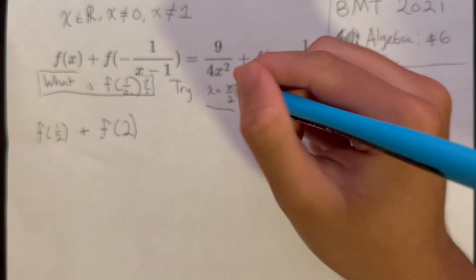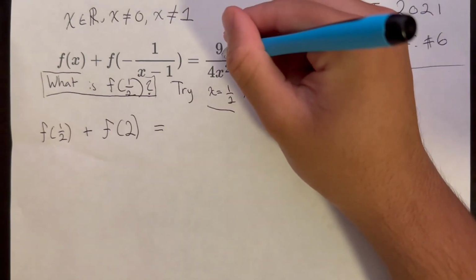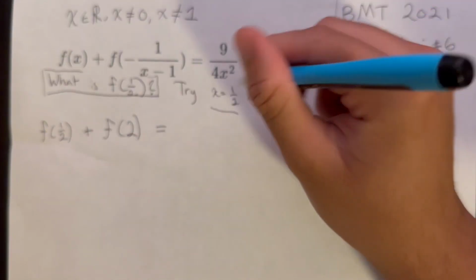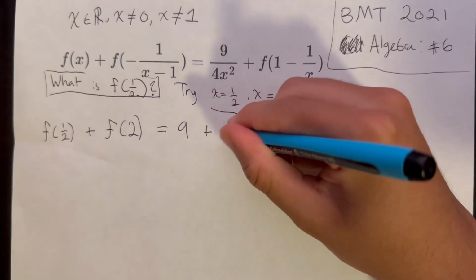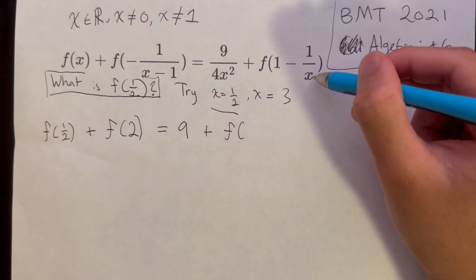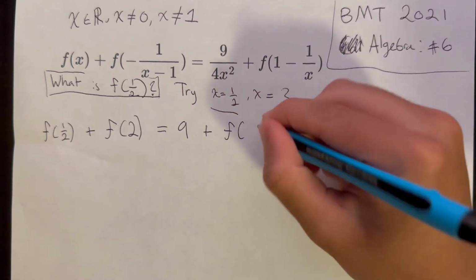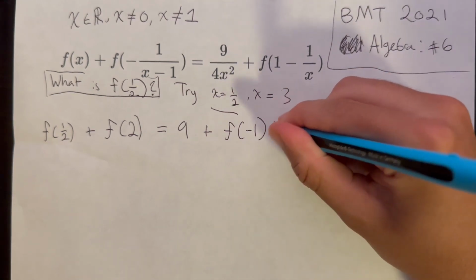And then we're going to get equals 9 over 4 times 1/4, which is 1/2 squared, which is just 9. And then plus f of 1 minus 1/2, 1 over 1/2. 1 over 1/2 is 2, so 1 minus 2 is negative 1. So let's keep in mind this was x equals 1/2.